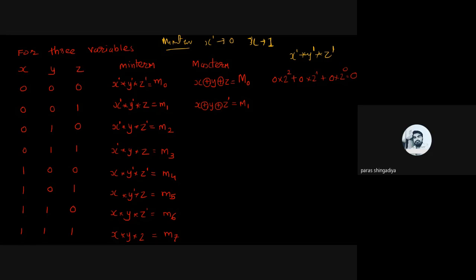Okay, so for z dash it can be written 0 into 2 raised to 0 plus y dash will be 0 into 2 raised to 1 and plus x dash will be 0 into 2 raised to 2. Okay, the sequence. If it involves 4 variables, then you can write here 2 raised to 3 term. Okay, if it involves 5 variables, then you would write 2 raised to 4 term and so on.